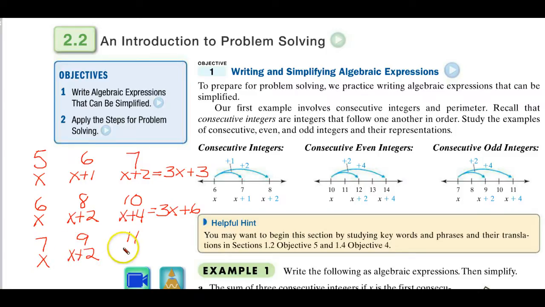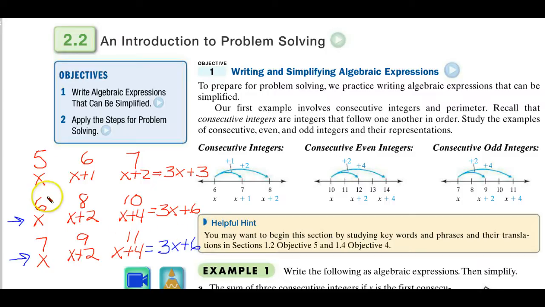And to get 11? Now, most students notice that this is sort of strange because this row and this row are exactly the same. And if you were to add these up, you would get 3x plus 6.